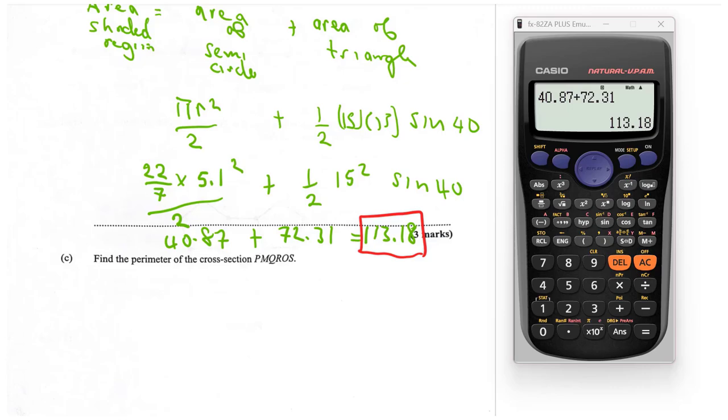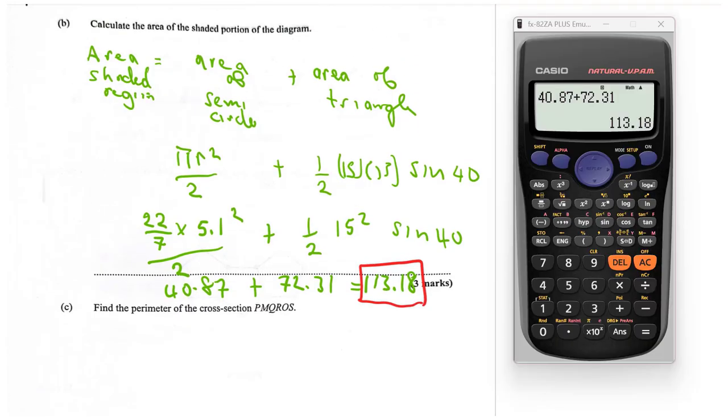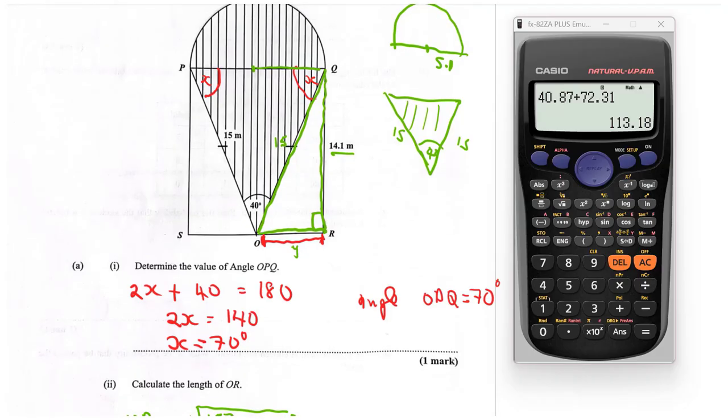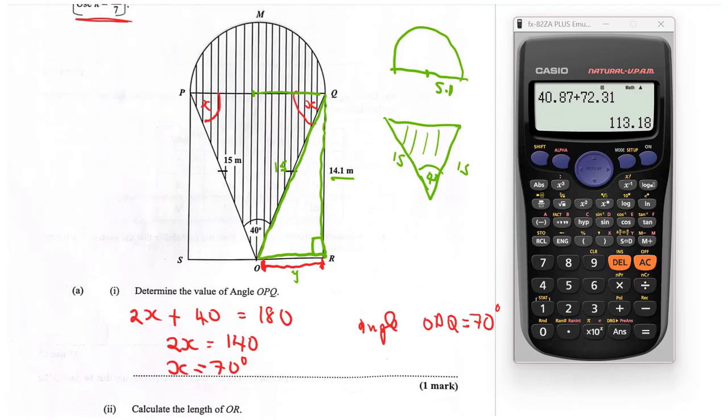It says find the perimeter of the cross section PMQROS. Let's go back over to our diagram. So we're finding that perimeter. Now remember that the perimeter is the total distance around.